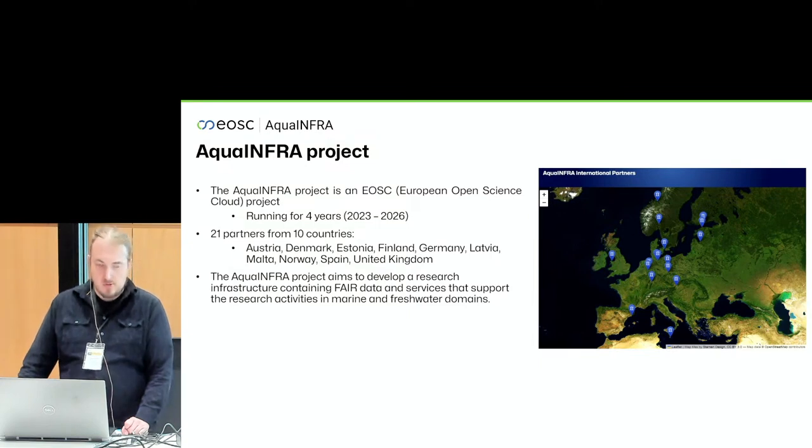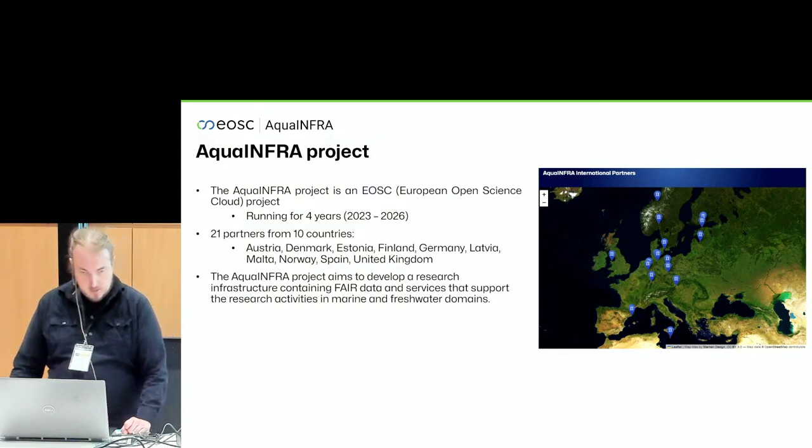We have a consortium consisting of 21 different partners from 10 countries. And here you can see the spatial distribution of the project partners in a map interface. So we have partners from Austria, Denmark, Estonia, Finland, Germany, Latvia, Malta, Norway, Spain, and United Kingdom.